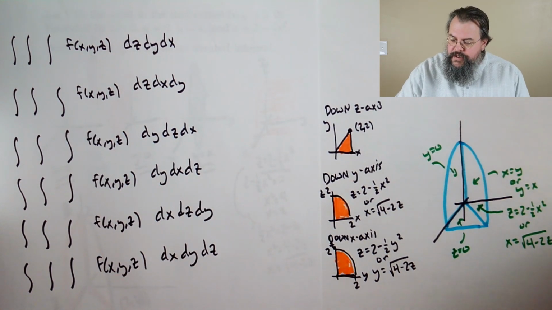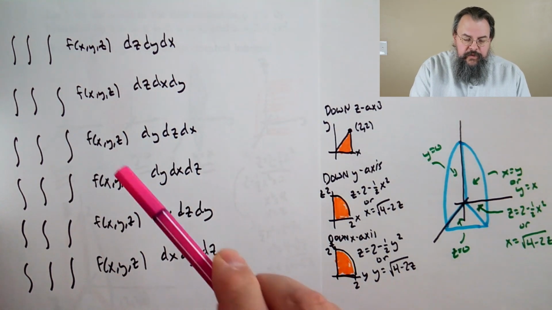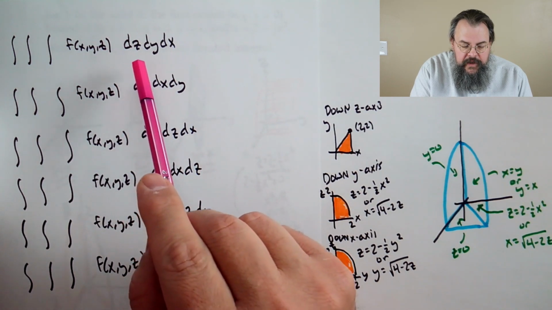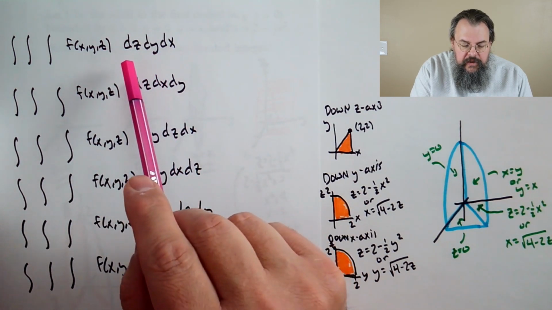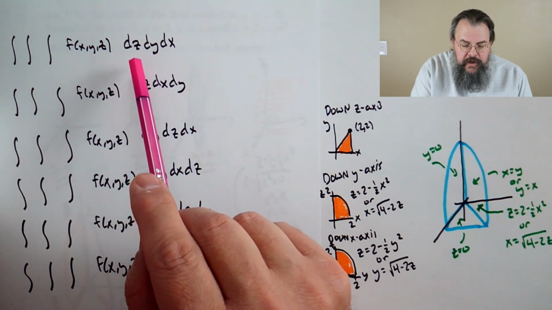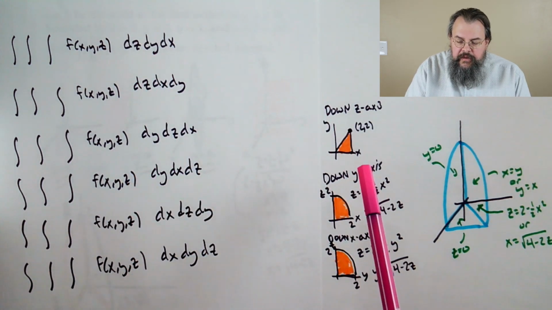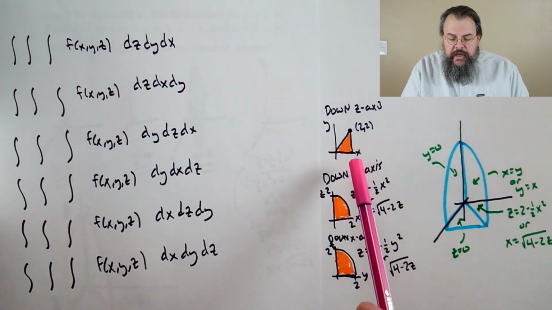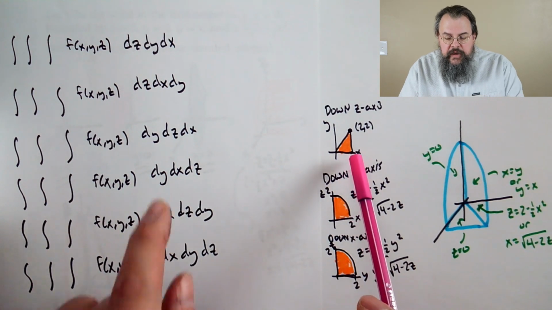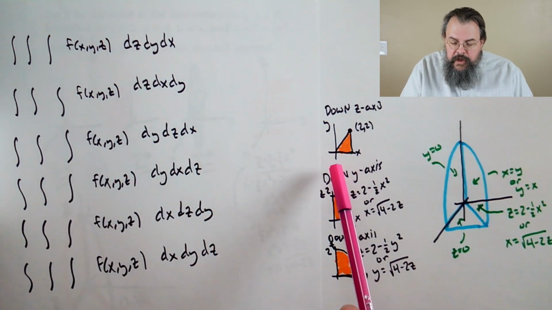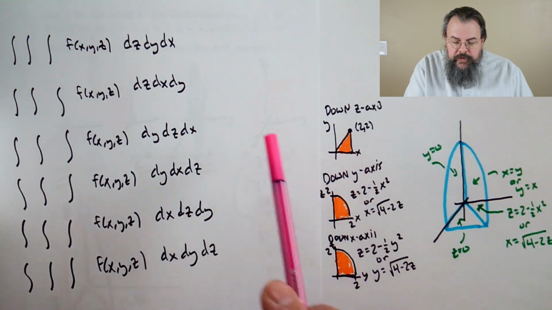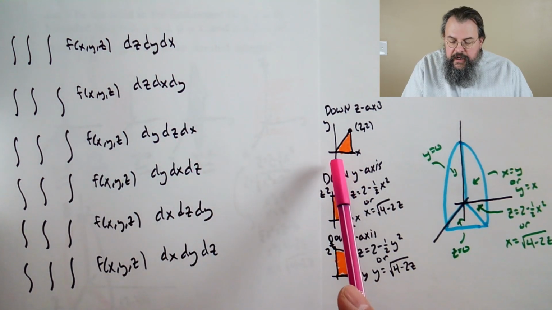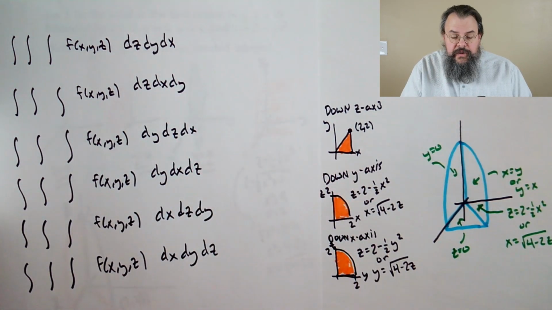So, suppose we start with this first one. So we have dz, dy, dx. So here we say, look, z is the last thing. Let's look down the z-axis. Great. So I'm looking down the z-axis, and we start by saying, well, where does x go from? So here we say, x goes 0 to 2.